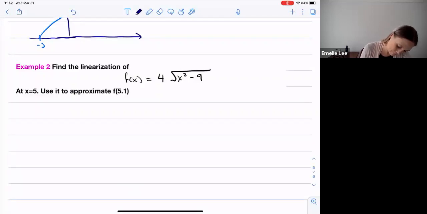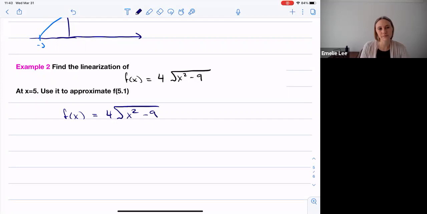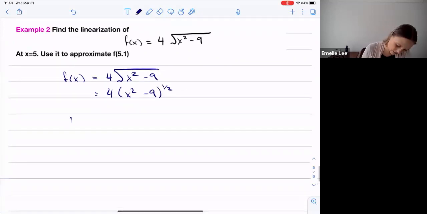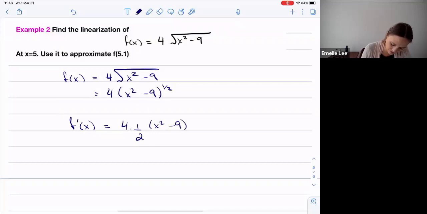If f of x is 4 times the root of x squared minus 9, I can rewrite this to make it easier to differentiate: 4 times x squared minus 9 to the power of 1/2. So then the derivative is going to be 4 times 1/2 times x squared minus 9 to the negative 1/2 times the derivative of the inside. The derivative of x squared minus 9 is 2x.